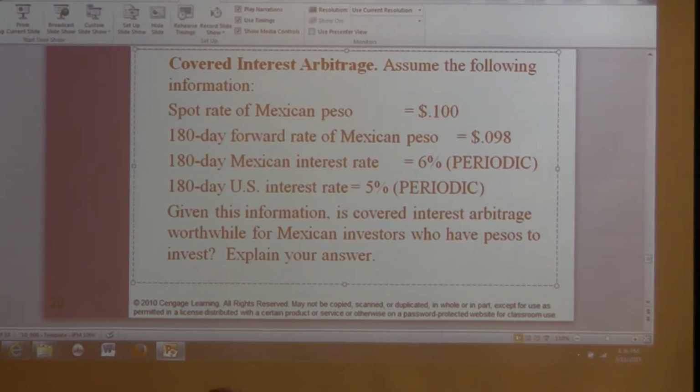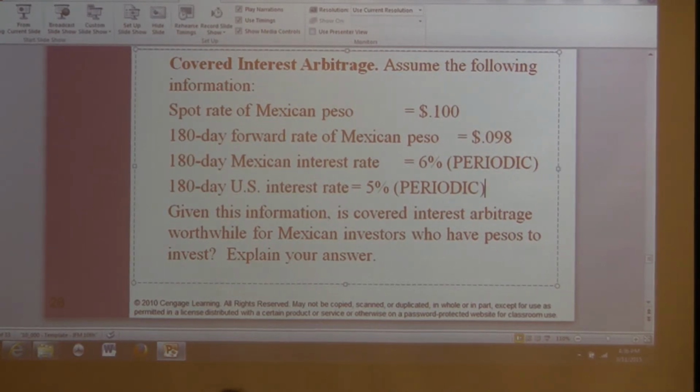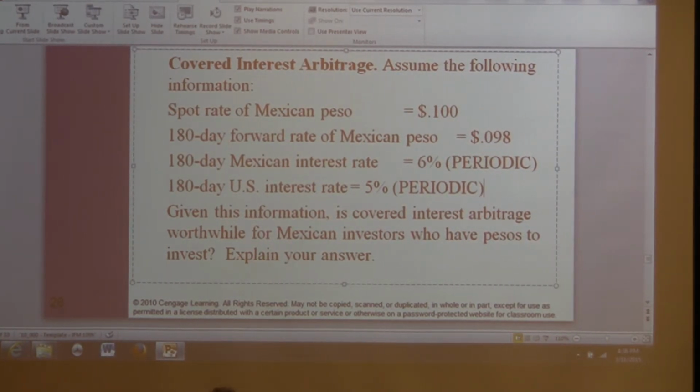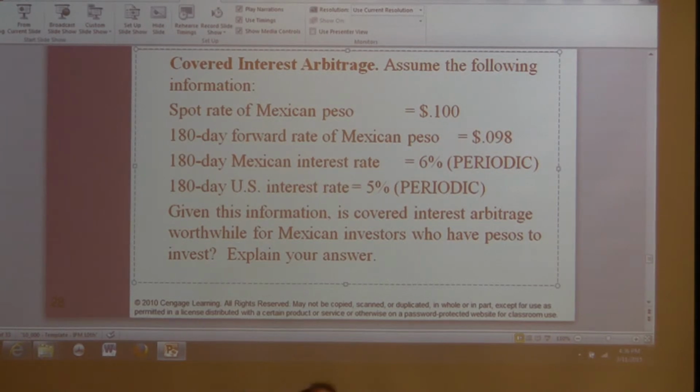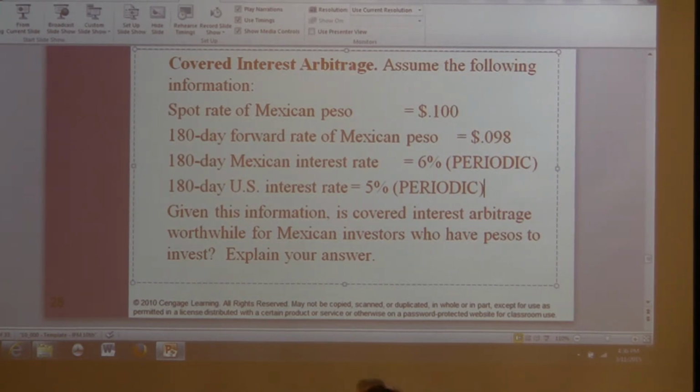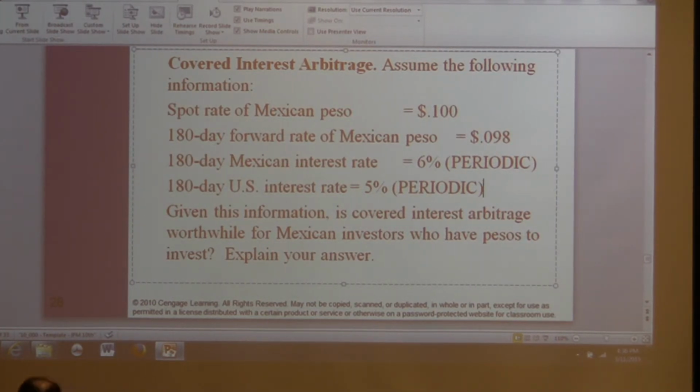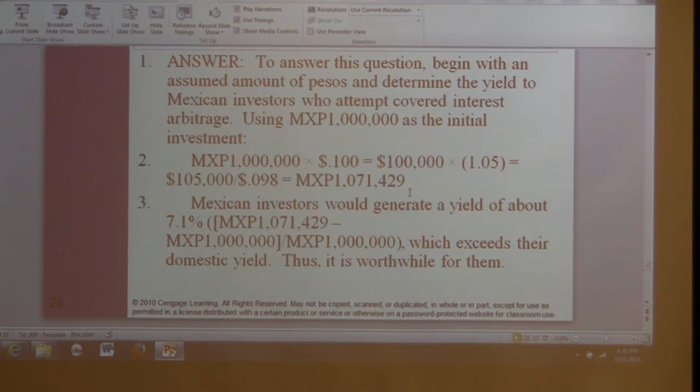Okay? So there is a covered interest arbitrage opportunity. So the first thing here is that you will have an opportunity to make some extra profits, or you will have a covered interest arbitrage opportunity only if the market price is higher than what you get based upon the formula. Okay?